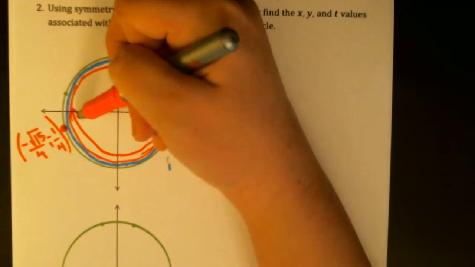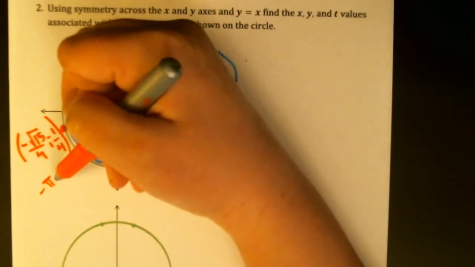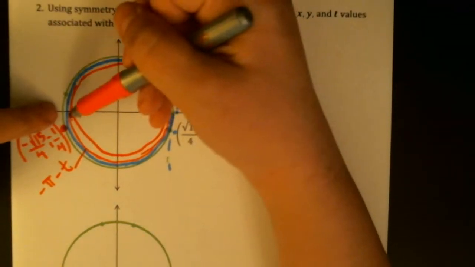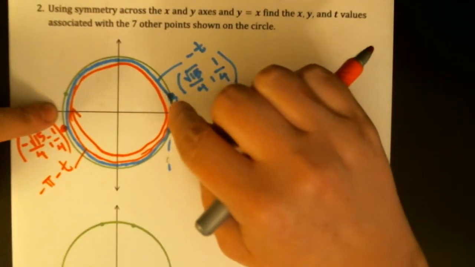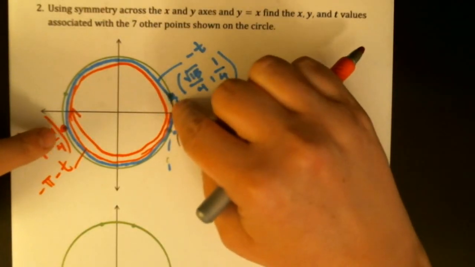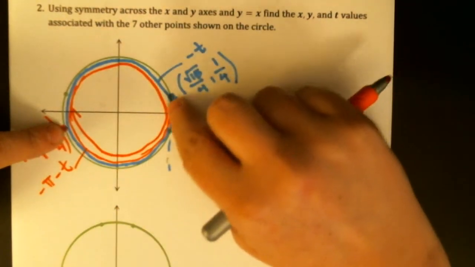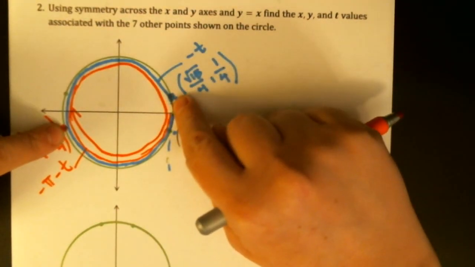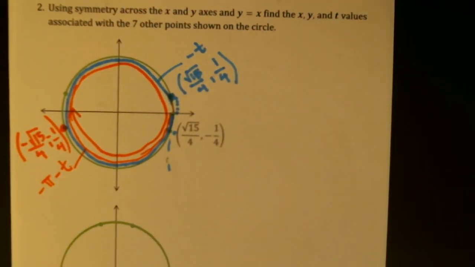So you go halfway around and then almost all the way around. That's a negative pi minus t. If you went pi minus t, what that actually looks like is just from here to here. So pi minus t, these two cancel each other out, and you're just left with this distance right here. So from here to here is pi minus t. So that one's actually a little nicer to draw, but sometimes a little more confusing to people.